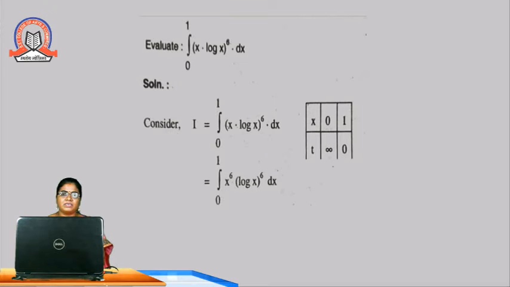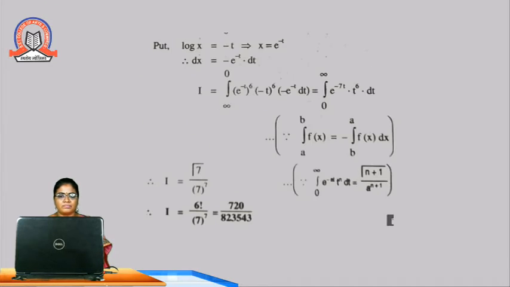Next problem, integral 0 to 1 x (log x) power 6 dx. Here also we are using the substitution, x from 0 goes to t from infinity and 1 to 0. Taking the substitution, log x equal to minus t, x equal to e power minus t, differentiating and getting the answer as I equal to integral 0 to infinity e power minus 7t t power 6 dt.